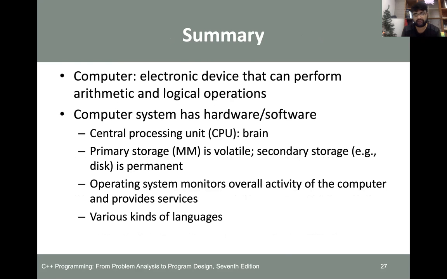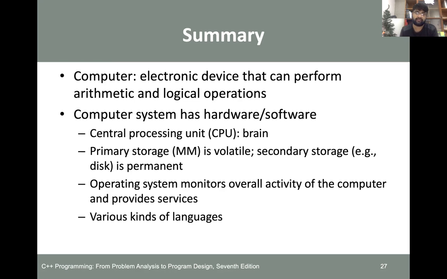As a summary to this particular chapter, a computer is an electronic device that can perform arithmetic and logical operations. You already know about that. The computer system has hardware and software. The CPU or the central processing unit is the brain of the computer. The primary storage is the main memory, and it is volatile.